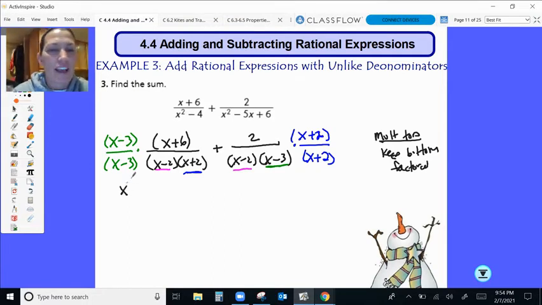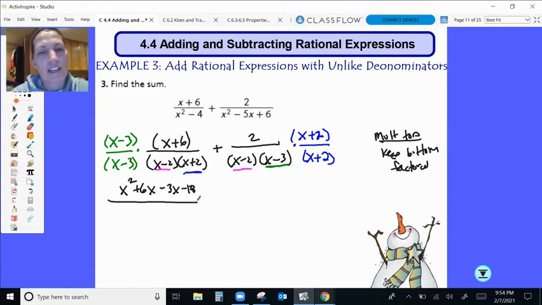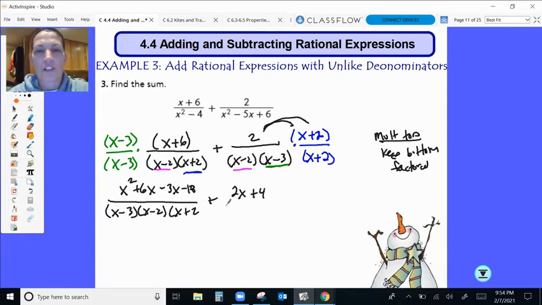So we have x squared plus 6x minus 3x minus 18 all over x minus 3 times x minus 2 times x plus 2, plus, and I'm going to distribute this 2 here. So we have 2x plus 4 all over x minus 2, x minus 3 times x plus 2. So we have common denominators now.